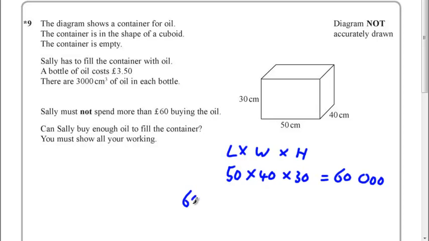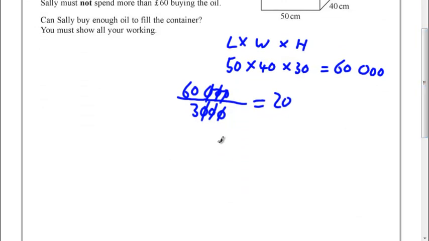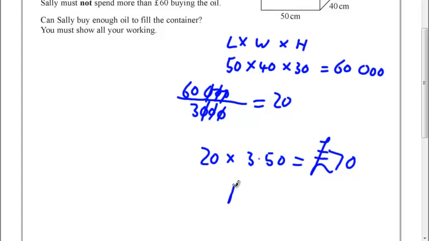And then we have to divide that by the amount in one bottle, 3,000. 3 into 60, 20 times. So it's 20 bottles. And what's the cost of those 20 bottles? 20 times £3.50. Well, 3 20s is 60, and a half of 20 is 10, so it's going to be £70. It's too much. No.